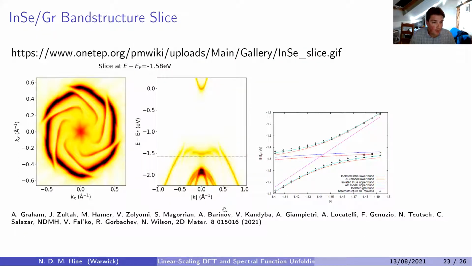Okay, so I've got a video of that, but I don't think I've got time to show it. You can also look at slices through the Brillouin zone generated by mirroring that path sixfold around the ring, and it compares very well to the RPES constant energy slices.